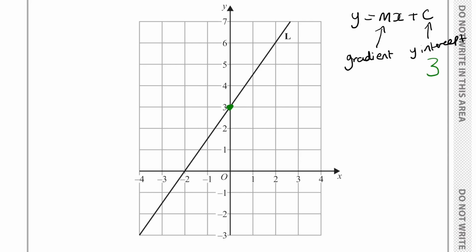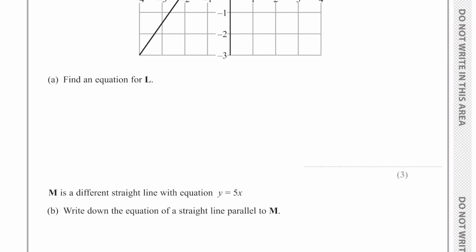It crosses the y-axis at 3. The gradient is for every 1 it goes across, how much does it go up or down? So if we go across 1, we go up 1.5. Across 1, up 1.5. So the gradient is 1.5. So the equation of our line is y equals 1.5x plus 3.